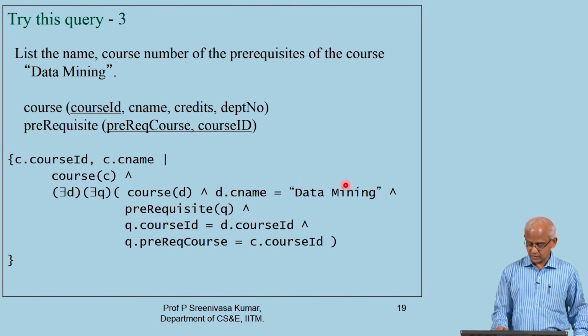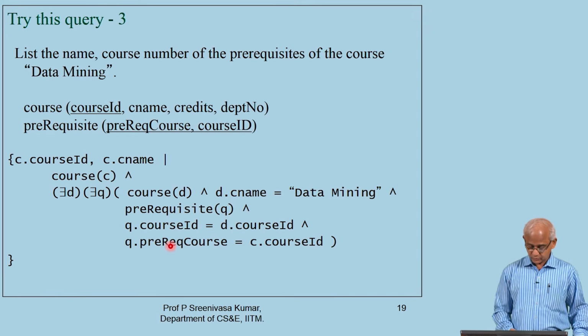its name is data mining, right, and the Q that we are looking for is a prerequisite tuple, in which the Q dot course ID should be the course ID of the data mining course. Okay. So, that means the second one. So, Q dot course ID is equal to the D dot course ID, where D is the tuple corresponding to the data mining course, right.